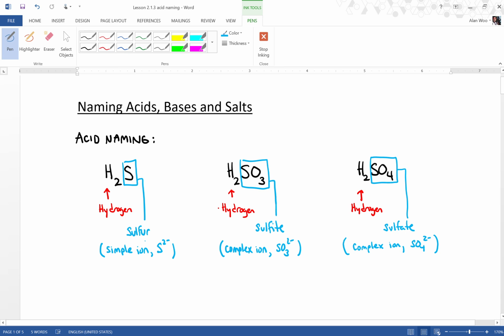Now, depending on what anion is present, it's going to dictate how we name these acids. So we'll start at the beginning. If you look at H2S, because it is a simple anion, it always begins with the word hydro. In this case, because it's a sulfur atom, it'll be called hydrosulfuric.